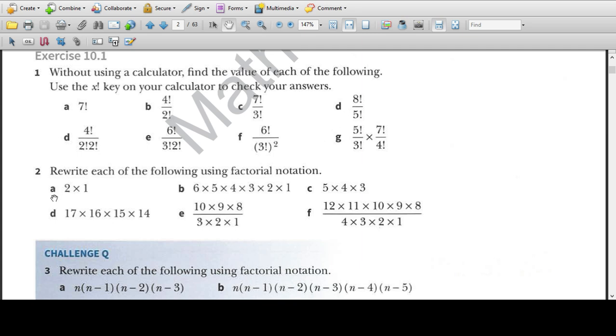Okay, now this question number 2: rewrite each of the following using factorial notation. 2 into 1, this is 2 factorial. 1 2 3 4 5 6, this is 6 factorial. 5 4 3: if we multiply 2 and 1 in the numerator, in the denominator there would be 2 and 1, so it becomes 5 factorial upon 2 factorial.